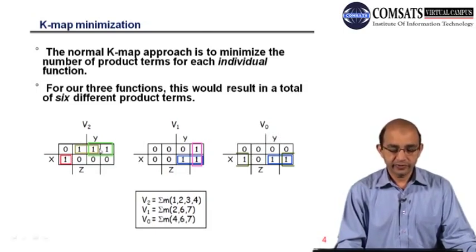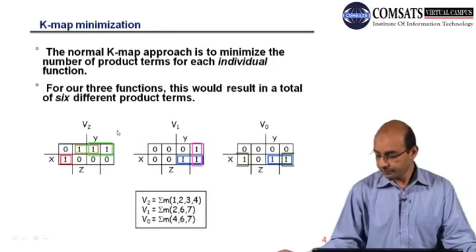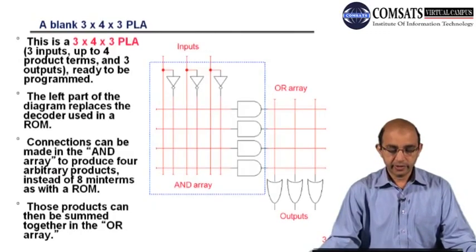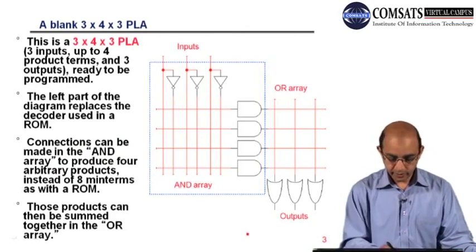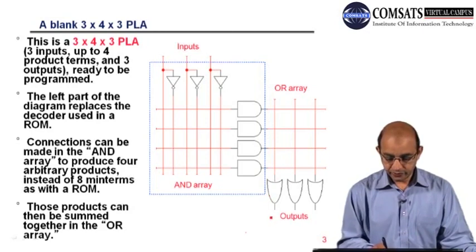First we select the variables to be placed in the horizontal direction and the variables to be placed in the vertical direction. Let me go back. Here you can see we have the outputs, so I will mark the outputs as V2, V1, and V0.